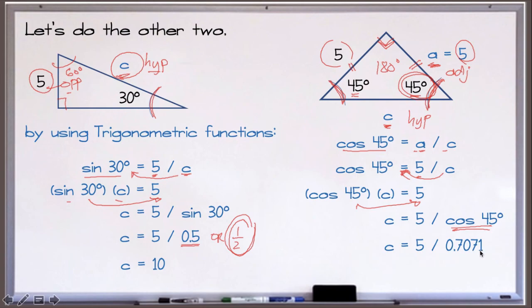This is actually 1 divided by square root of 2. So, kung pipindutin nyo sa inyong calculator 1 over square root of 2, this will be 0.7071. And C equals 7.071.